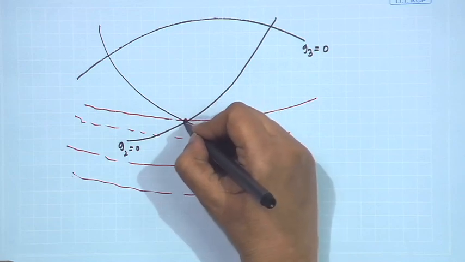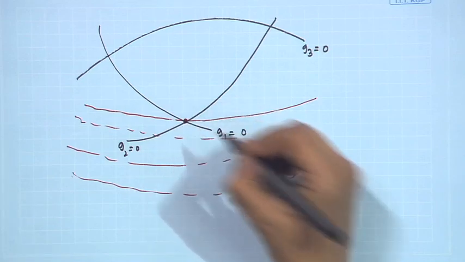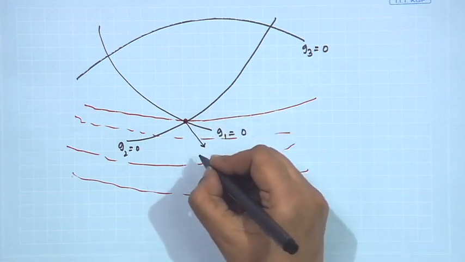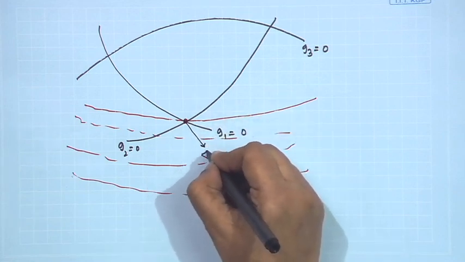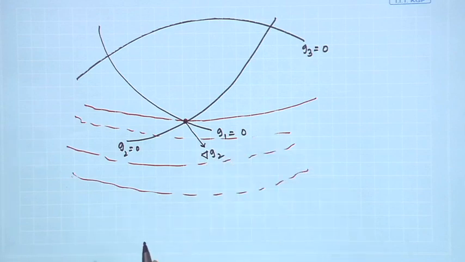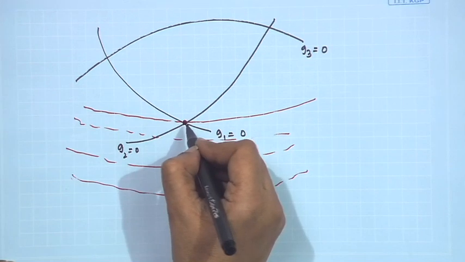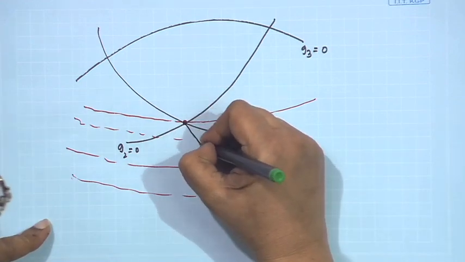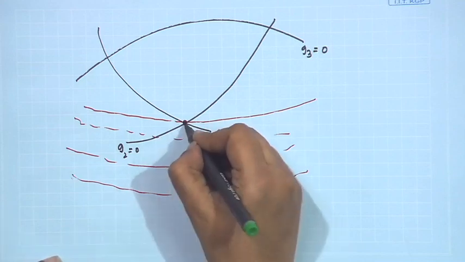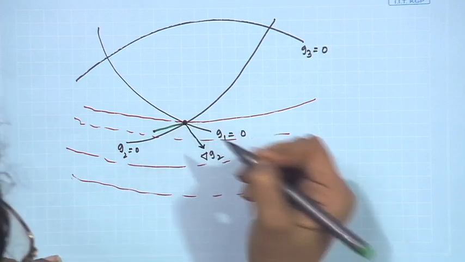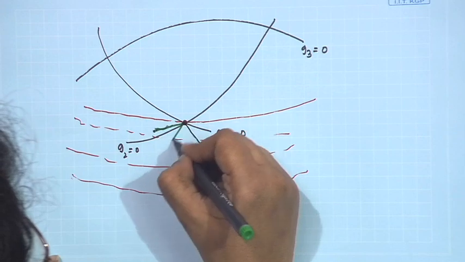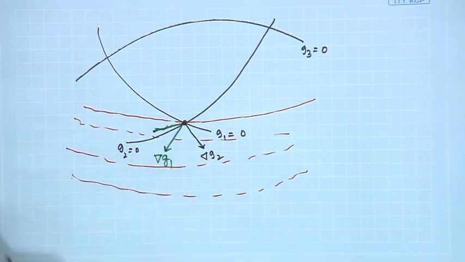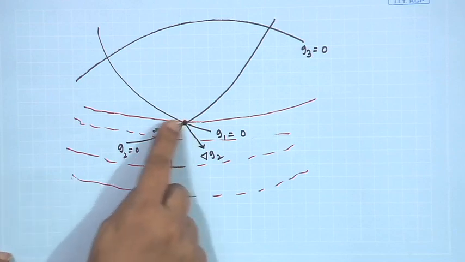Now, at this point you see this direction is the grad of G2 direction. Let me draw the directions with different colors, then it will be understandable. And this direction, sorry, this must be grad of G1, that is the normal.